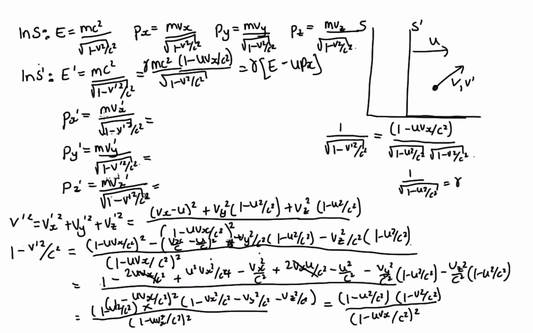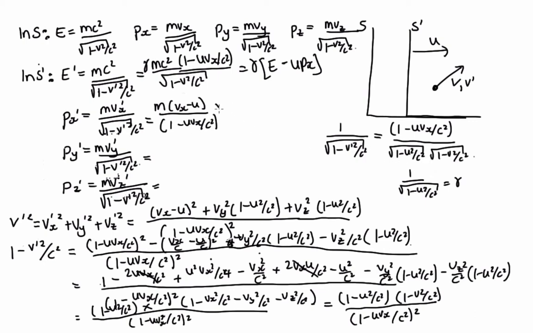Now we're going to want to simplify this one. Okay, so substituting into this, we know we've got the m. Now vx prime, we know that that is equal to vx minus u over 1 minus u vx on c squared. And then we've got to substitute in this, which is over here.